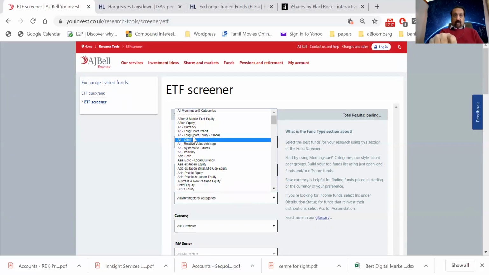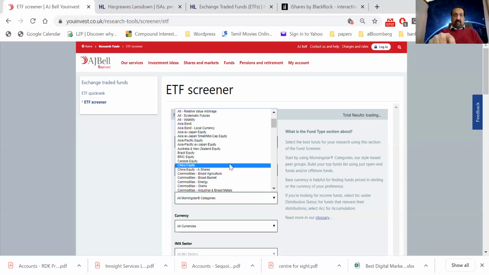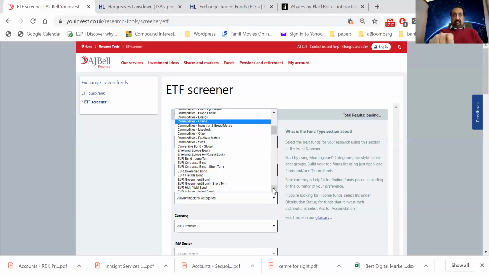You've got Africa, currencies, Asia bonds, Asia Japan, every conceivable category is listed here. You can invest in China, Canada, commodities, energy, all kinds of things. You could spend so much time in this world, so I don't want you to do any of these things; you can do it in your own time.